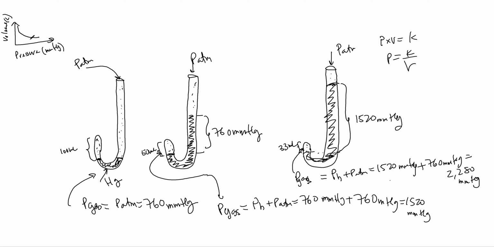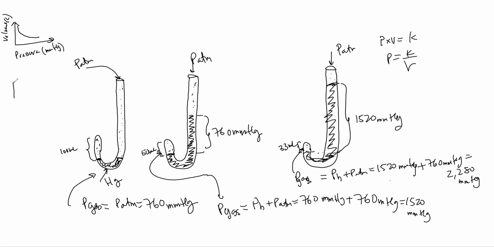With this curve that is not straight, it's very hard to interpolate the data for the pressures. For example, if you now want to figure out what the volume was somewhere between 760, let's say, and 1520, with a curve like this, you wouldn't be able to do it.